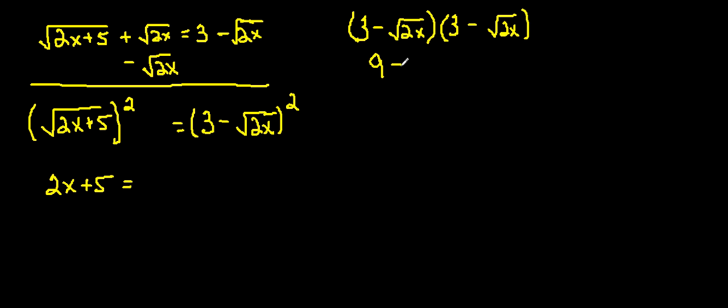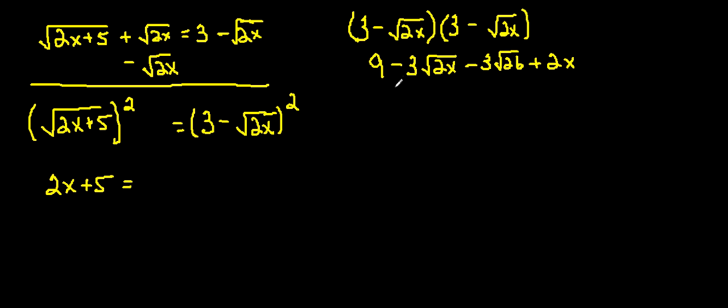So that's negative 3 square root of 2x. Inside is negative 3 square root of 2x. And last is going to be positive 2x. Square root of 2x times the square root of 2x is 2x.